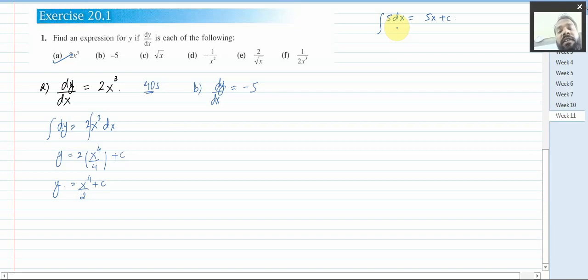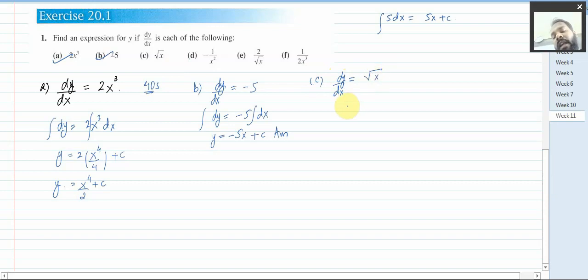In differentiation, the derivative of a constant is 0, but in integration, the integral of a constant is not 0. So it will be dy is equal to -5 dx. Apply the sign of integration. So y is equal to -5, the integral of dx is x, plus c. That is your answer.